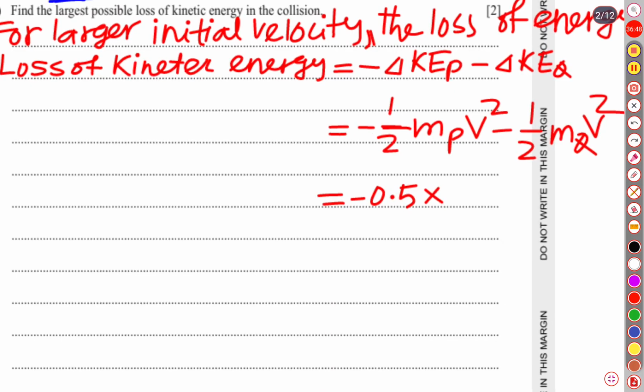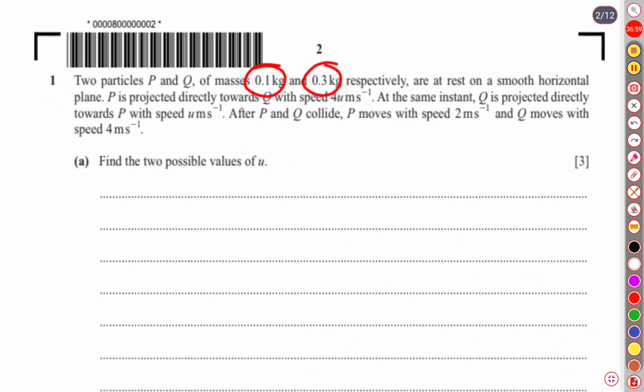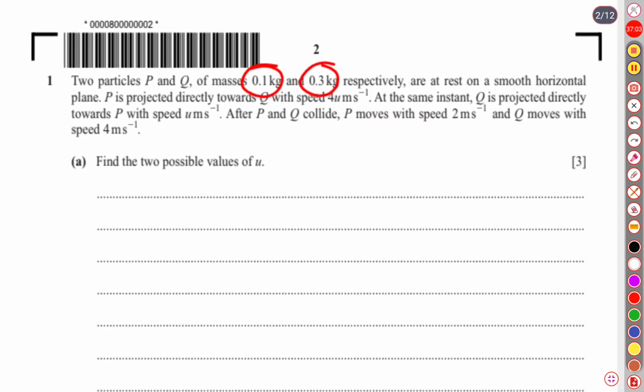So we are going to write 0.1, and the final velocity of particle P. This is also given in the question. The final velocity of particle P was 2 meter per second, and for Q it is 4 meter per second.